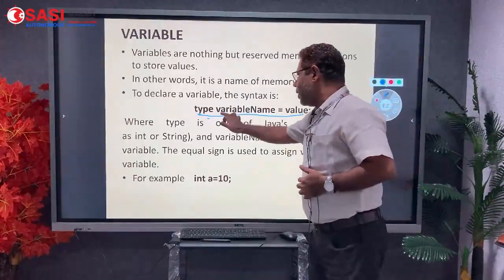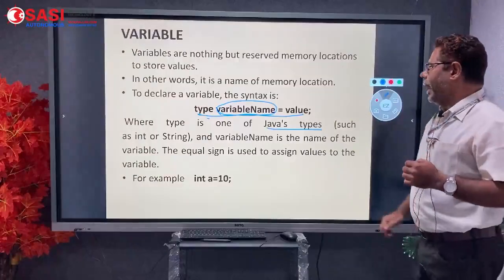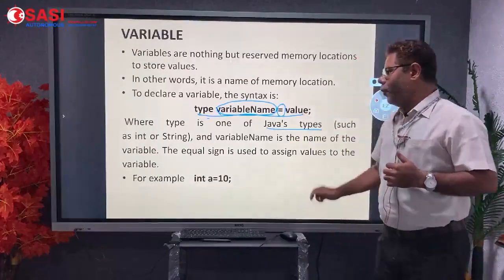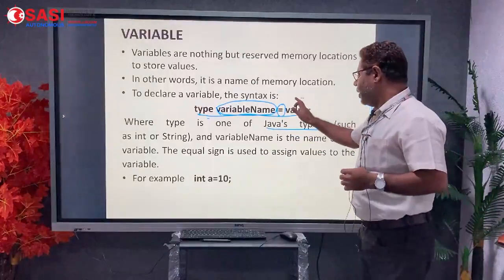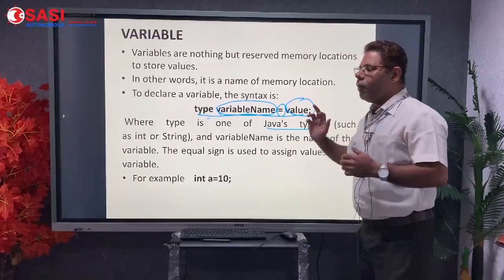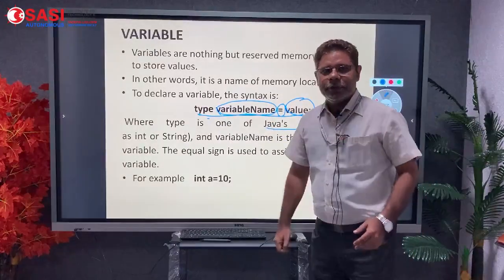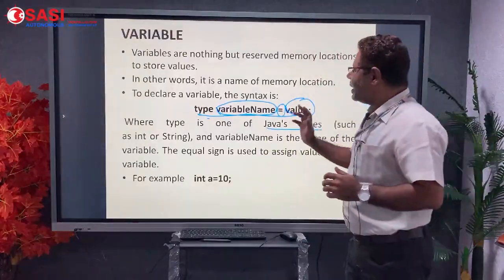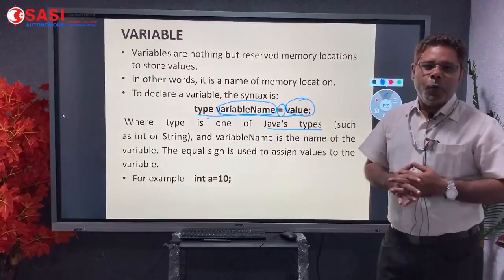The variable name specifies the name of the variable, and equal to specifies assigning a value to the variable name. Next, the value specifies what value is moved to the variable. So to declare a variable in Java, the syntax is type variable name equal to value.